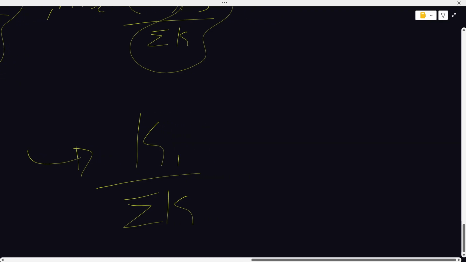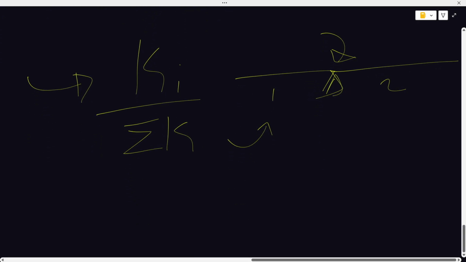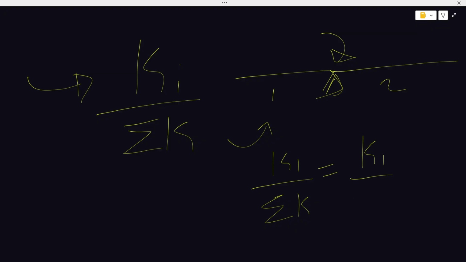So let's say we have this structure once again, and this is portion 1, portion 2. Let's say a moment was applied there. To get the distribution factor for portion 1, we'll use K1 over summation of K. That is, summation of K means K1 plus K2.